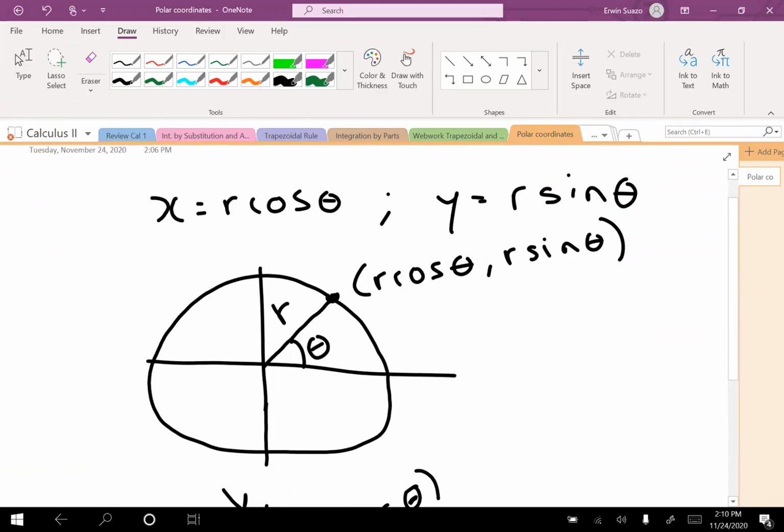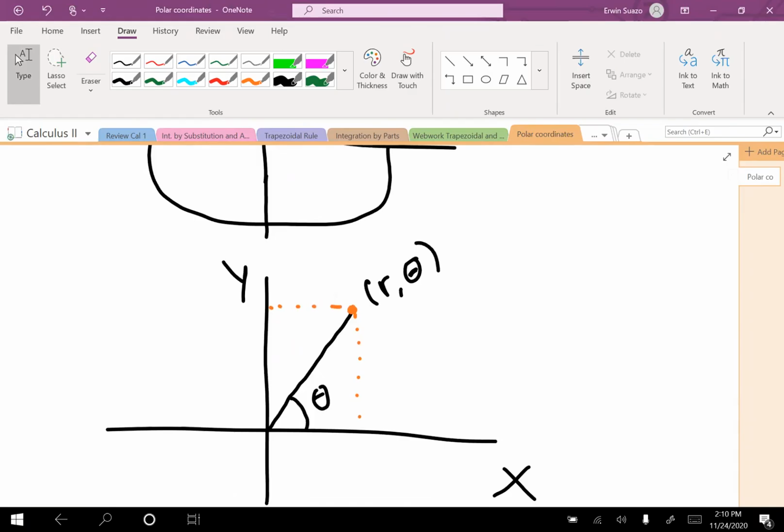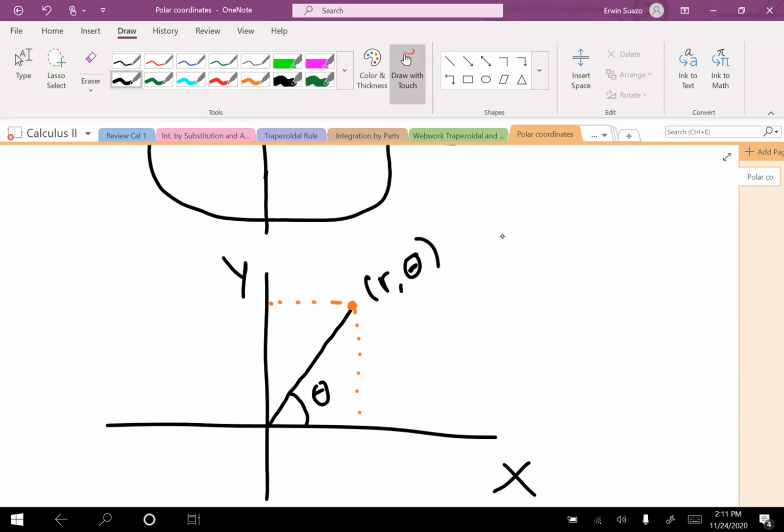x equals r cosine theta, y equals r sine theta, and from here I get the following: r squared equals x squared plus y squared, and the other is tangent of theta is y over x.